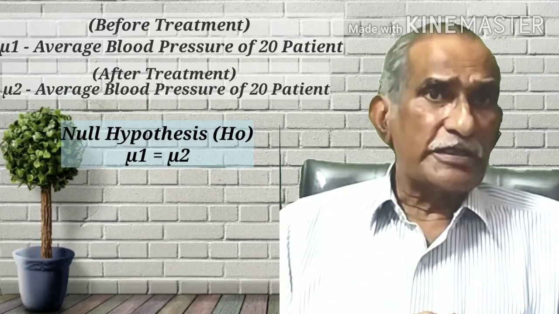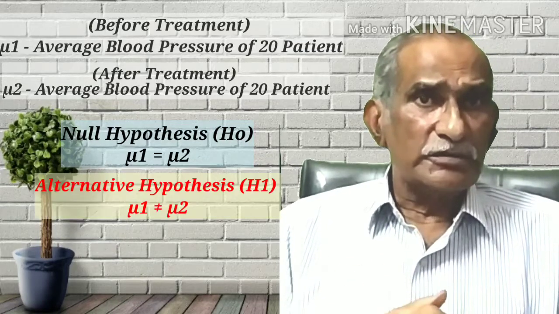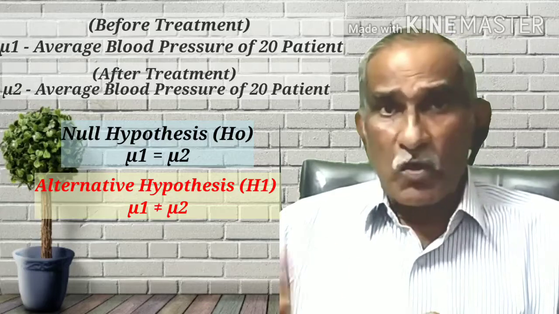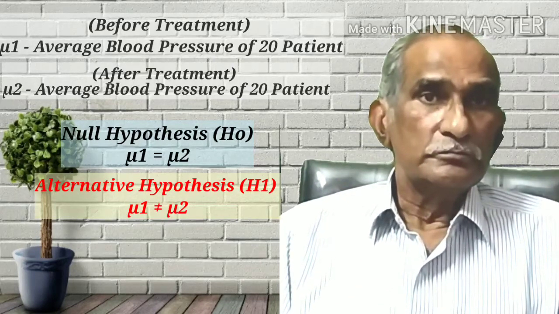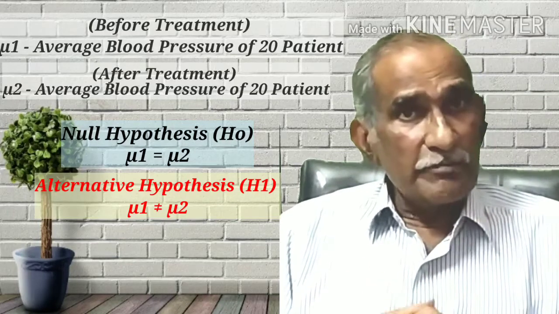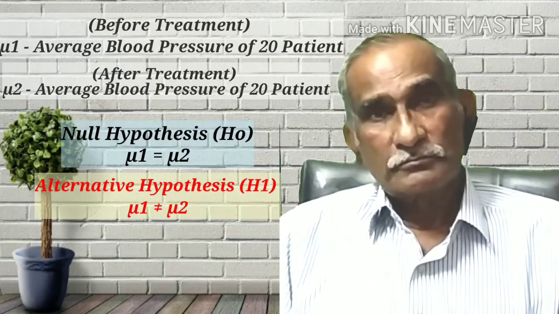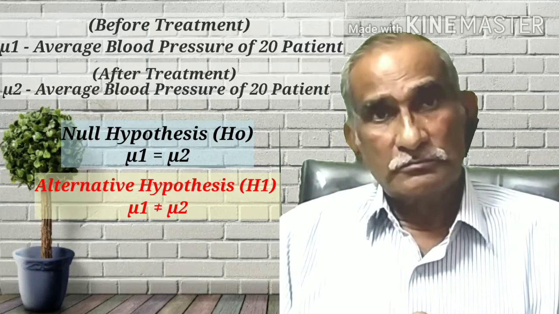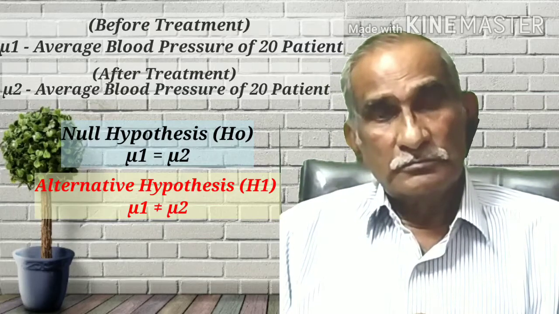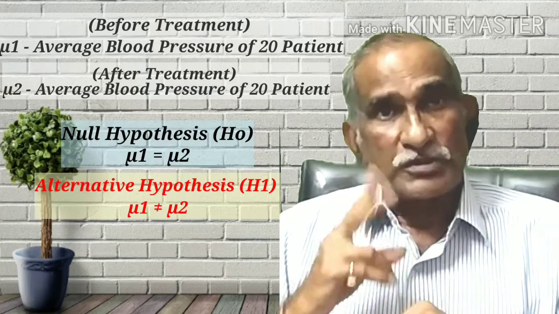Should we take our alternative hypothesis H1 as mu1 not equal to mu2? Again the same problem arises. mu1 not equal to mu2 means two possibilities.